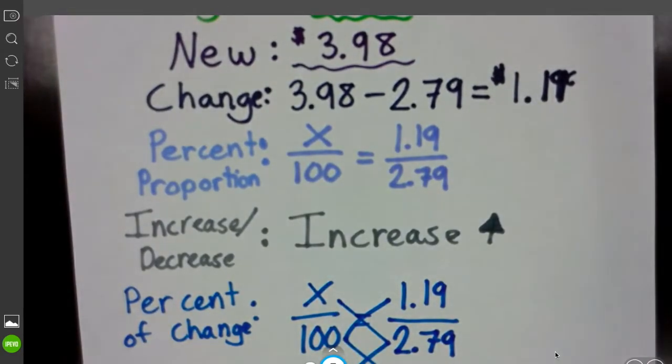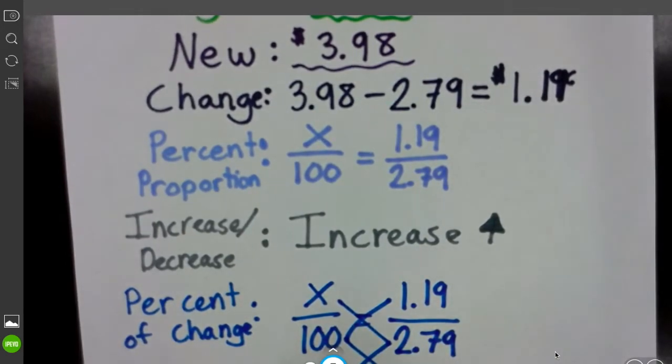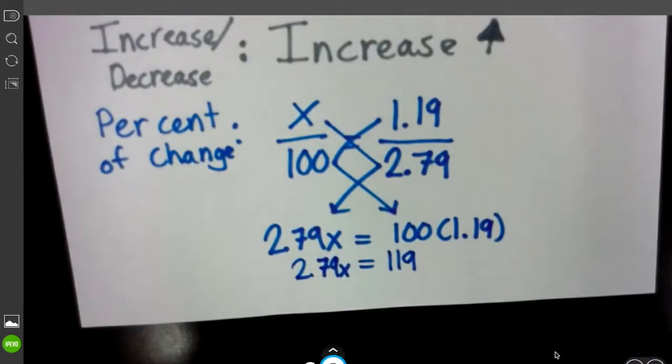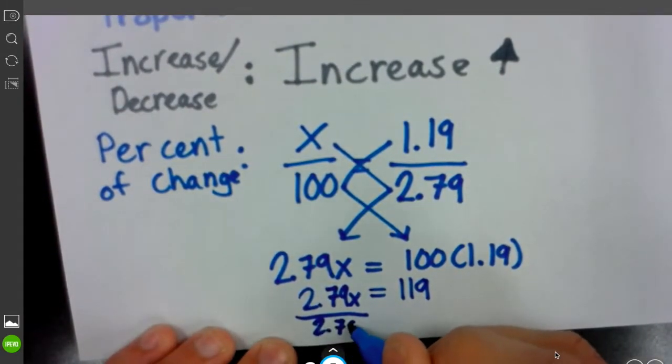So we're going to solve this. We multiply those two, this would be 119. Sorry, you can't see the problem. Bring down the 279x, and then we're going to divide by the original amount, or 279.